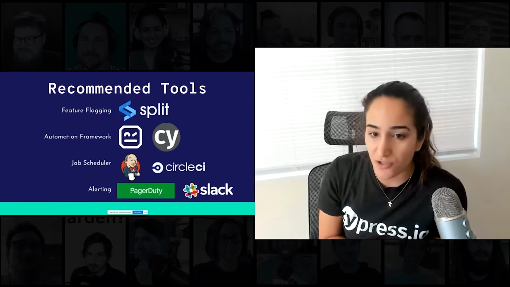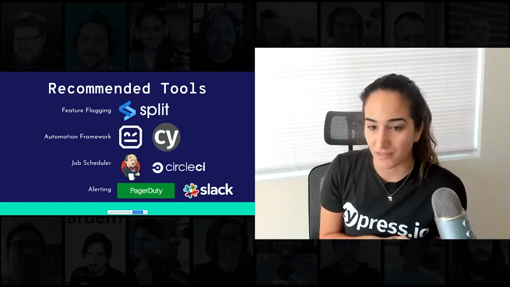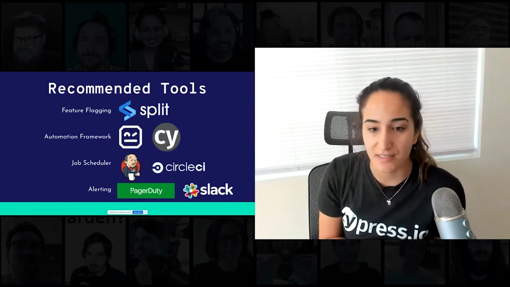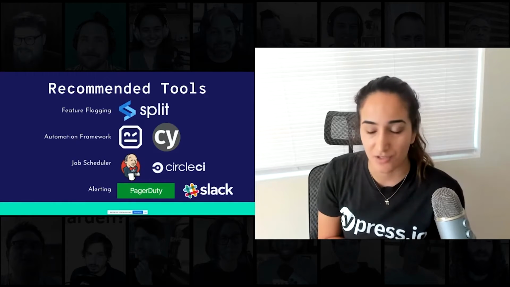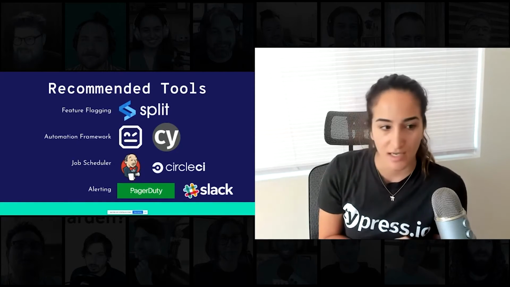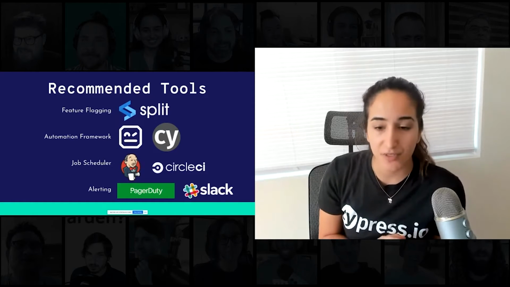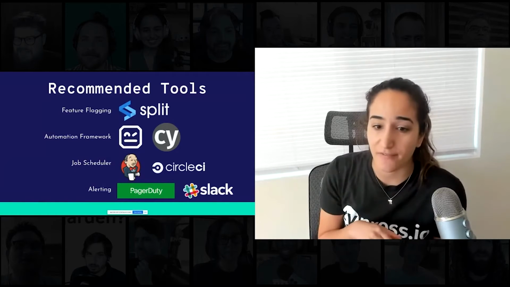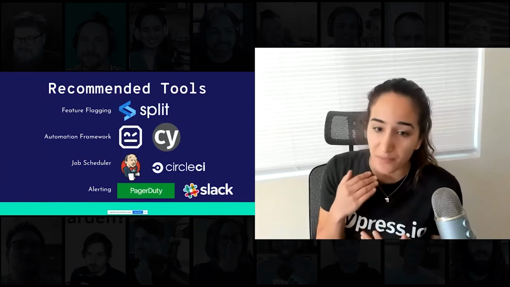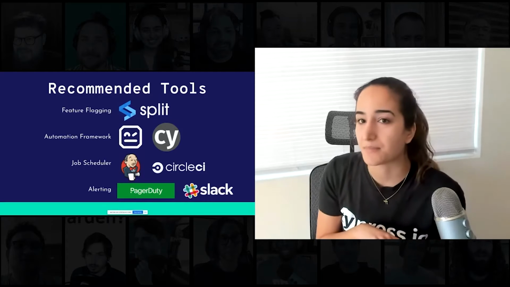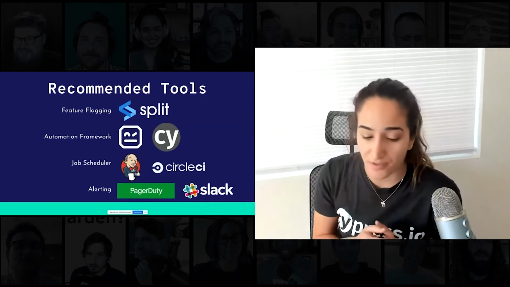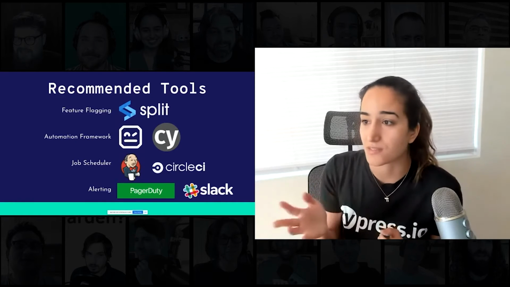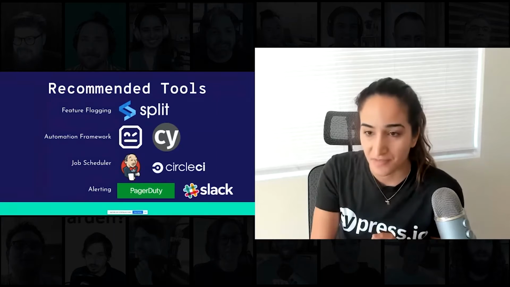For my job schedulers, I have zero preference between Jenkins and CircleCI and Maven, Travis. They're all pretty much great tools. And for alerting, you can configure this to say, like, my business critical flows, if they fail, I need to wake someone up, and we can use PagerDuty for that. Or, the flows that are running as planned, that are doing fine, we can use Slack for those alerts.